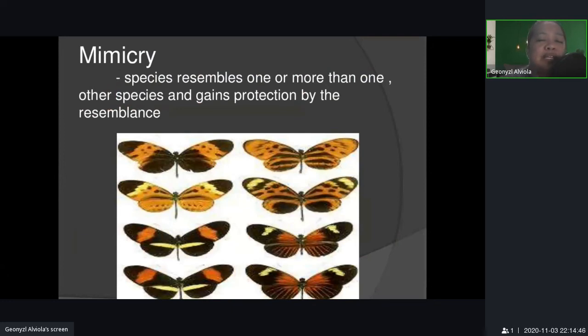With this kind of pattern, some predators will move away from this butterfly, because for them it gives the message that this butterfly is not palatable. In short, it tastes bad.